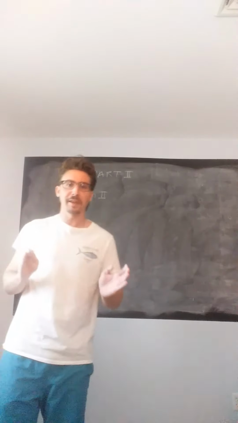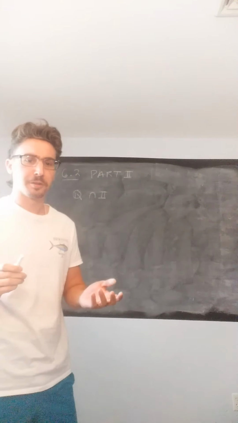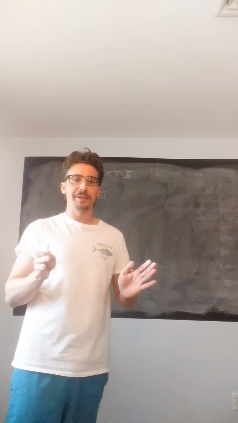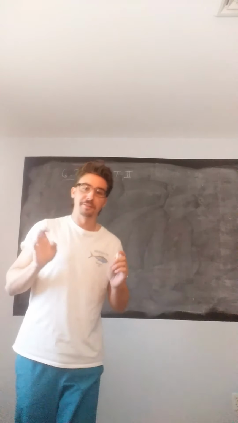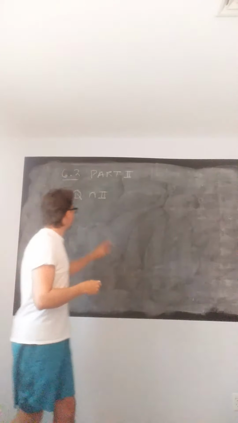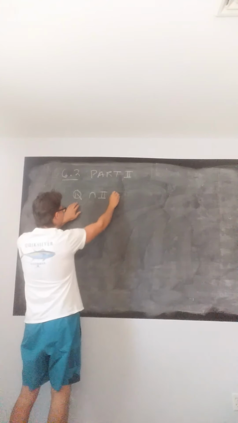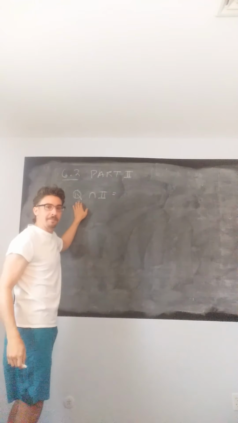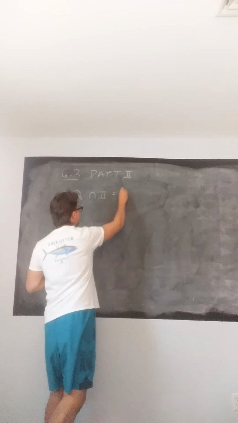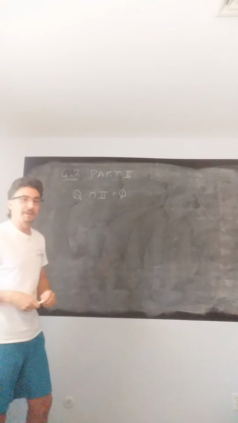If you remember from the diagram I drew, and that's in your lecture notes, the rational numbers and the irrational numbers have nothing in common other than that they are considered real numbers. But if we take the two sets in general and we want to intersect them, there is nothing in common. So that would be an empty set.